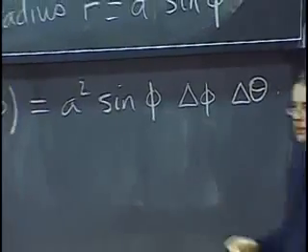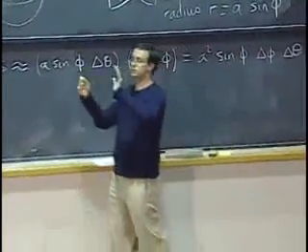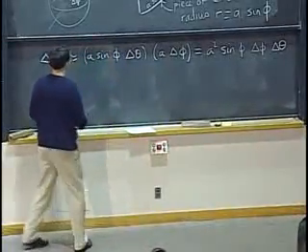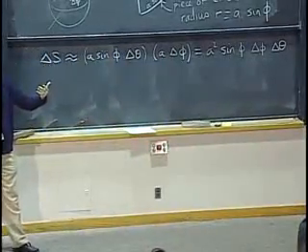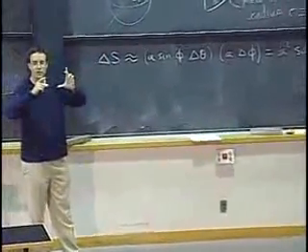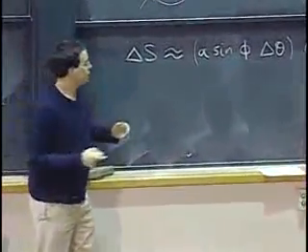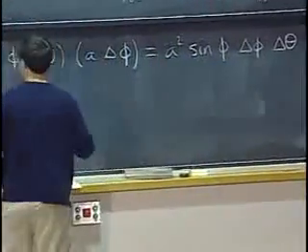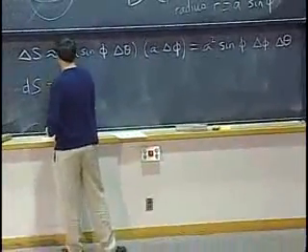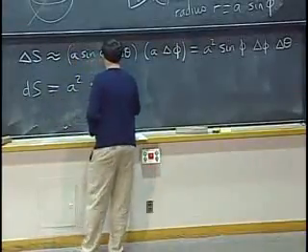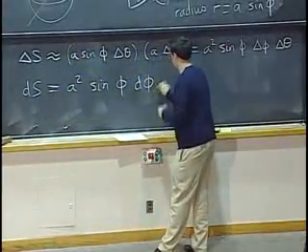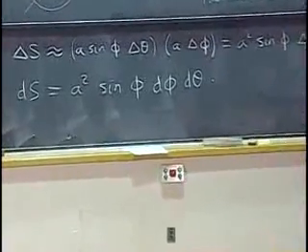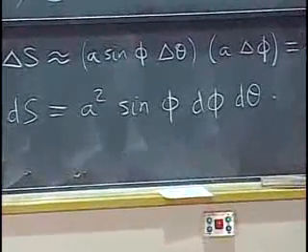So what that means is, say that I want to integrate something just on the surface of a sphere. Well, I would use phi and theta as my coordinates, and then to know how big a piece of a sphere is, I would just take a squared sine phi d phi d theta. Okay, so that's the surface element on a sphere.